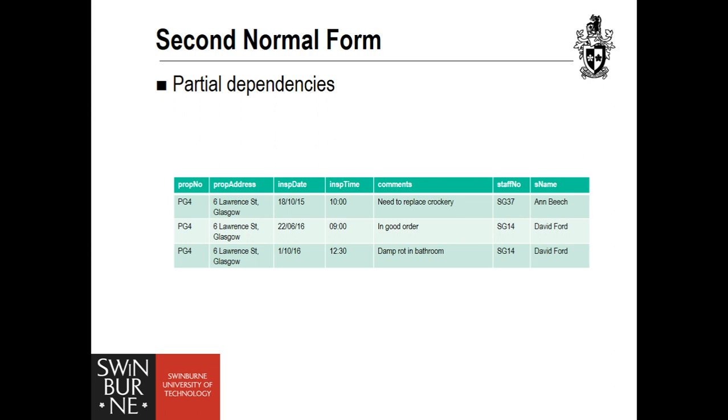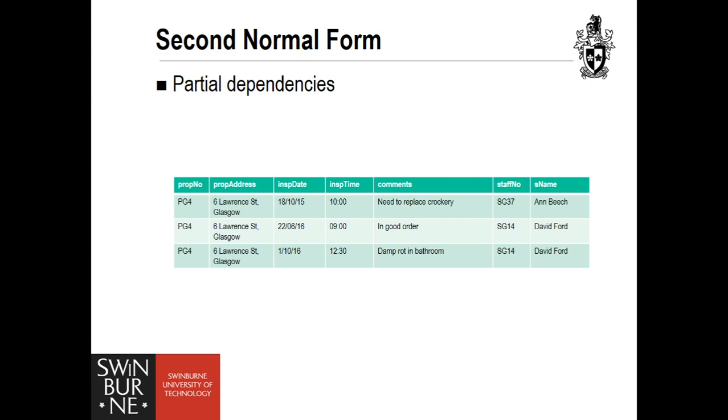Instead, inspection date does not depend on anything really, but it defines the inspection in combination with the prop number. Inspection time is defined by prop number and inspection date, because we can assume that a property will not be inspected twice on the same day, so we don't make time a key.